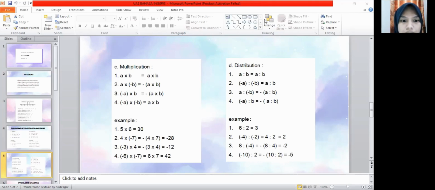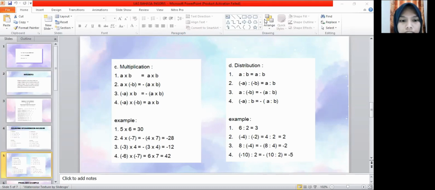For example, number 1, 5 times 6 equals 30. Number 2, 4 times negative 7 equals negative 4 times 7 equals negative 28.